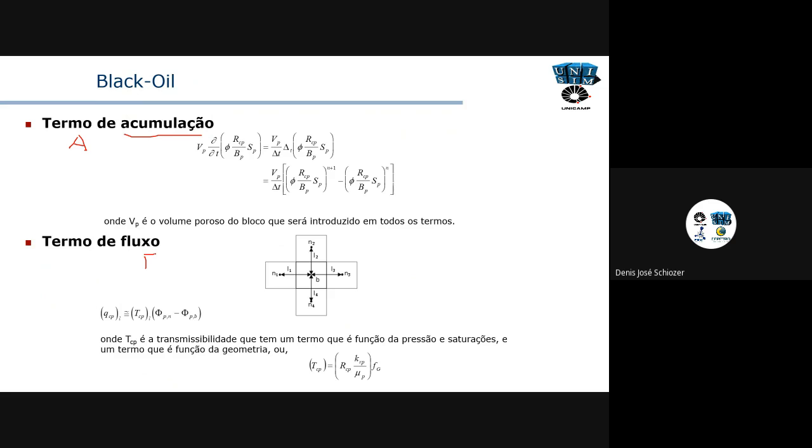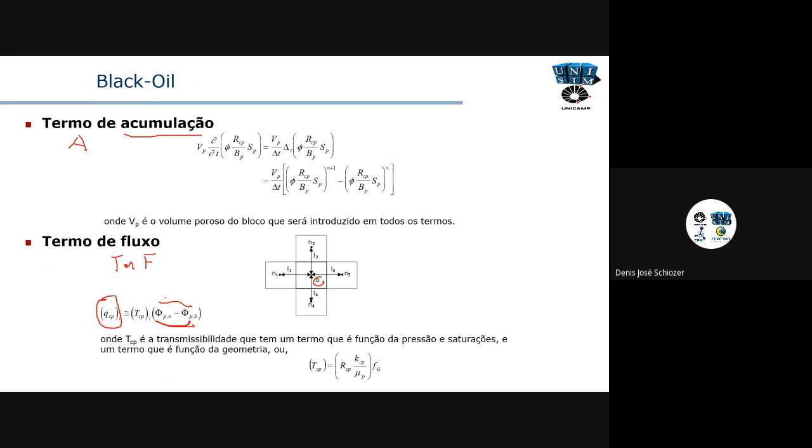This is the flux term, or the transmissibility term as we call it, which is the mass from a block to its neighbors. Here I'm trying to show the block and the neighbors, in this case 1, 2, 3, and 4. The amount of the components that moves from one block to another is proportional to the potential.